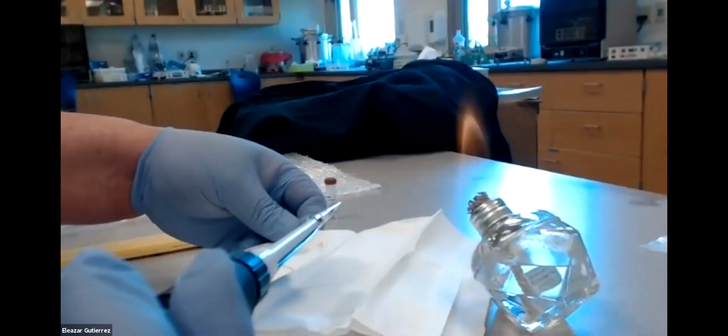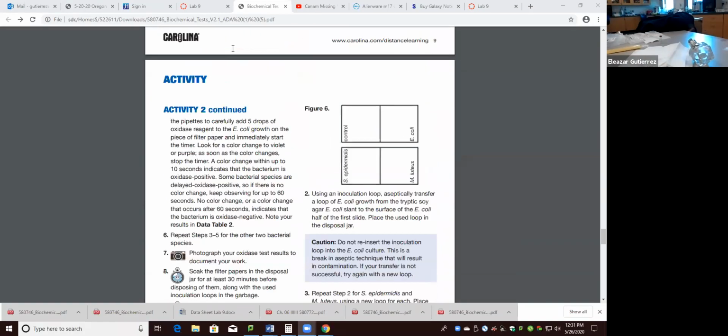Now, what's the positive result for this? Positive result is purple, right? Let me go ahead and share my screen here.